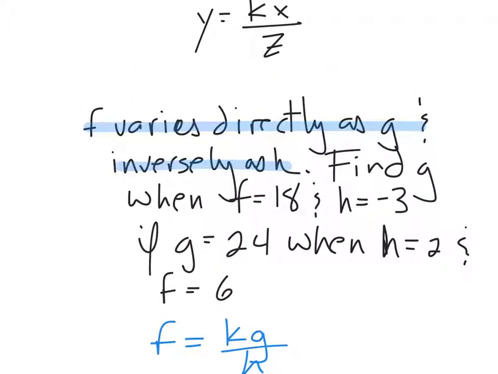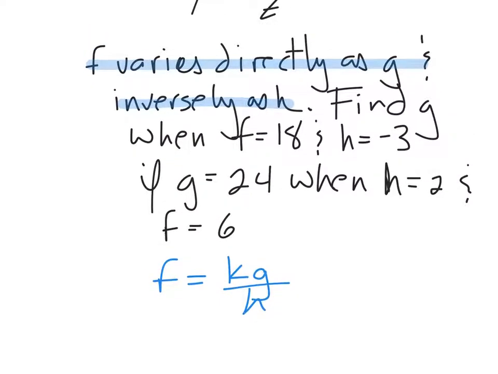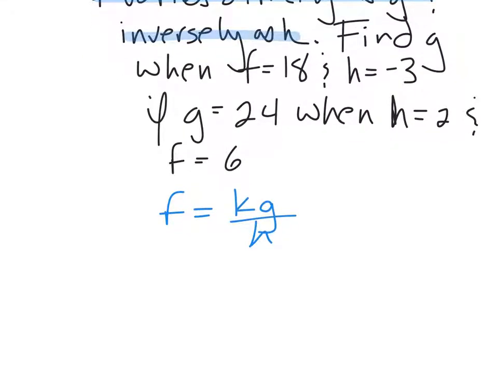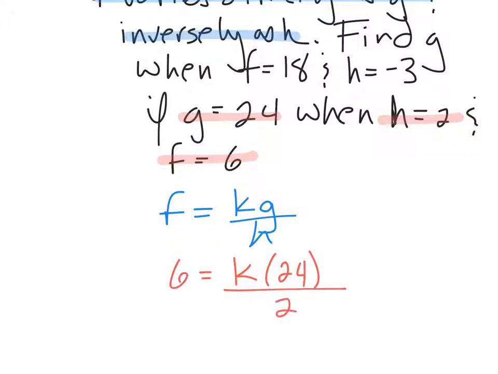Next thing I need to do is start finding the next part. They give me G is equal to 24 when H is 2 and F is 6. So we'll plug all of that information in. So I have 6 equal to K times G, which is 24, all over H, which is 2.